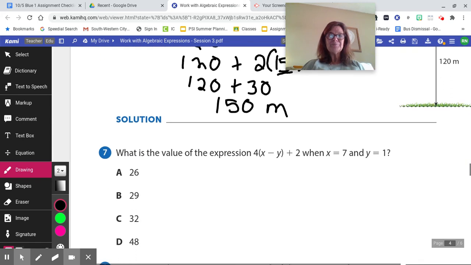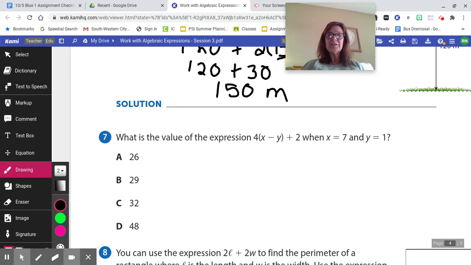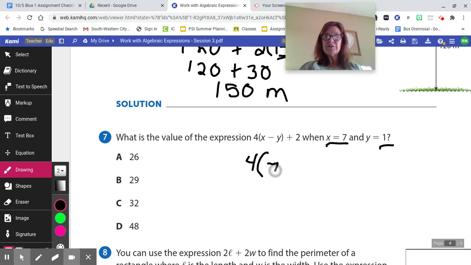And number 7, what's the value of the expression 4 times (x minus y) plus 2 when x equals 7 and y is 1? You have to make sure you rewrite it, substituting the values, and then solve using order of operations. So I'm going to do 4 times (7 minus 1) plus 2.